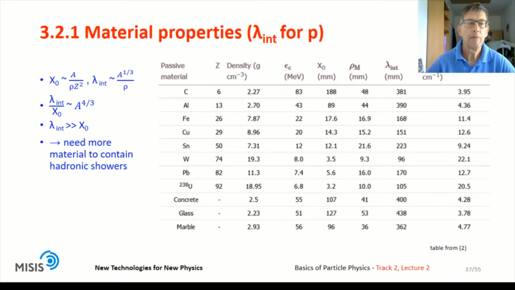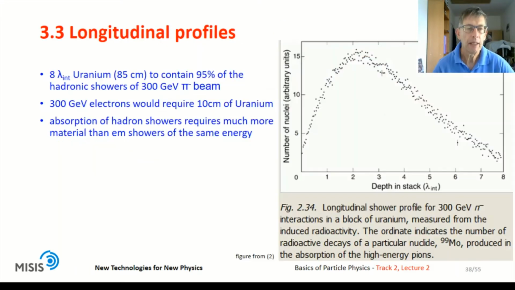Here you see the material properties for various materials. For protons, you can see that the interaction length is much longer than the radiation length. So you need more material to contain hadronic showers than electromagnetic showers. On this plot you see the longitudinal profile.